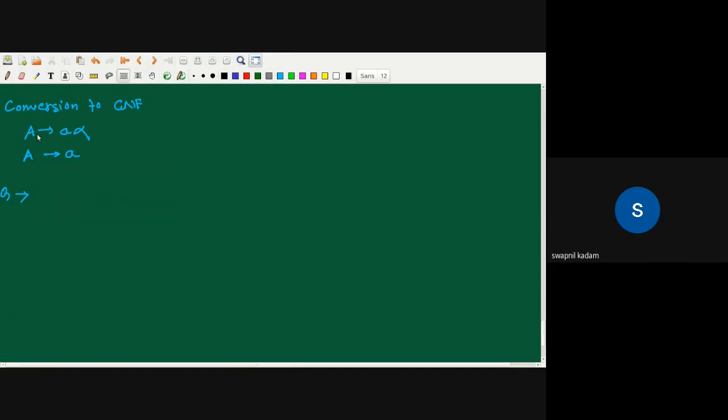Okay, we'll take the productions S tends to AB, A tends to BSB, BB, and capital B tends to A, AB, and small a. Now these productions I should convert into a GNF format.